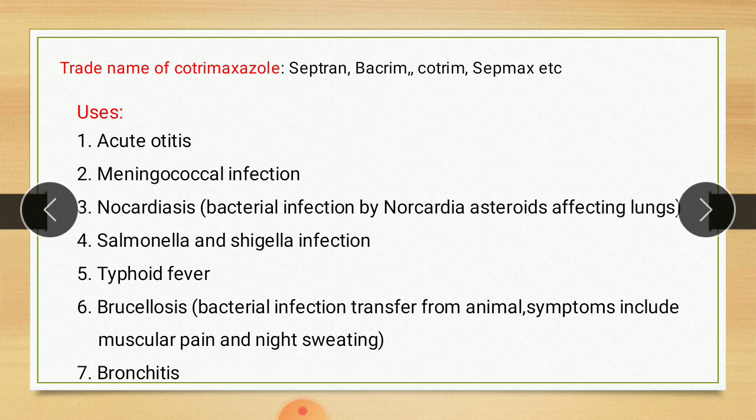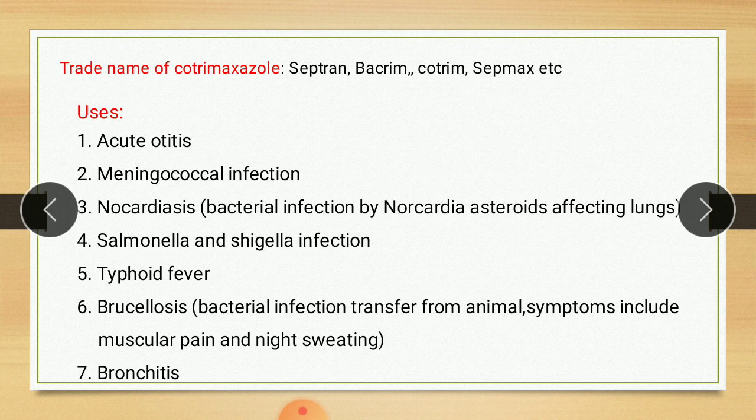Second use, meningococcal infection. Third one is nocardiasis, a bacterial infection by Nocardia asteroides species, mainly affecting the lungs. Next use, Salmonella and Shigella infection. These are names of bacteria, Salmonella typhi and Shigella.